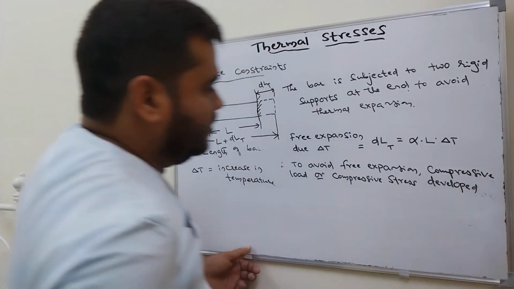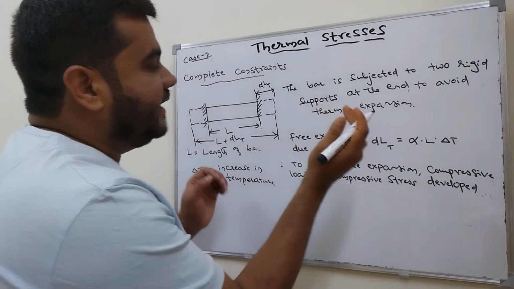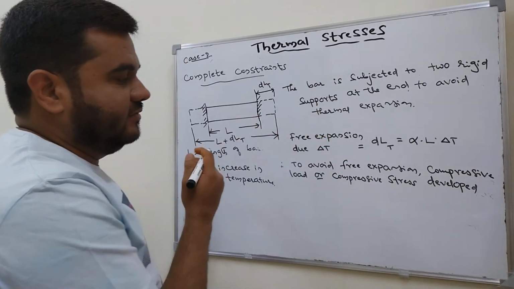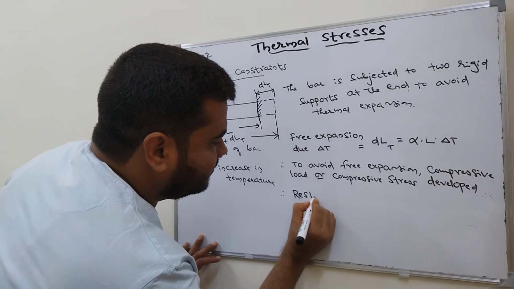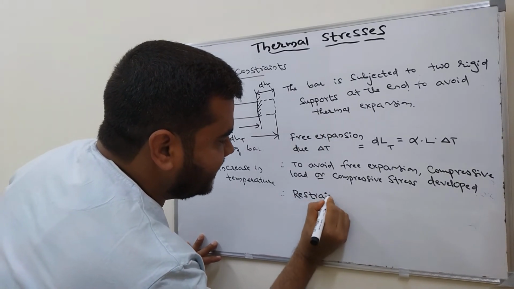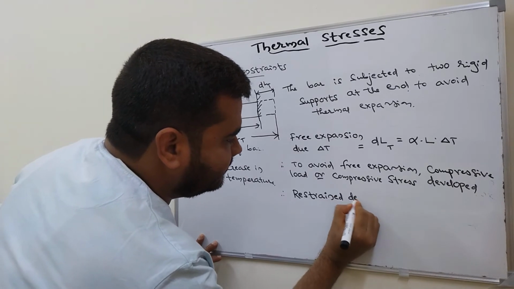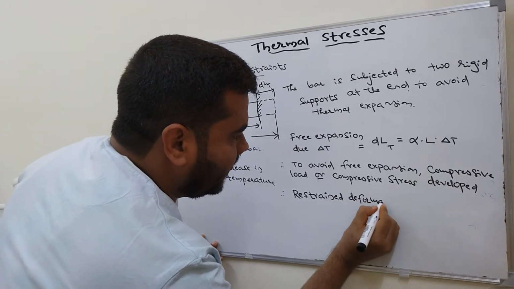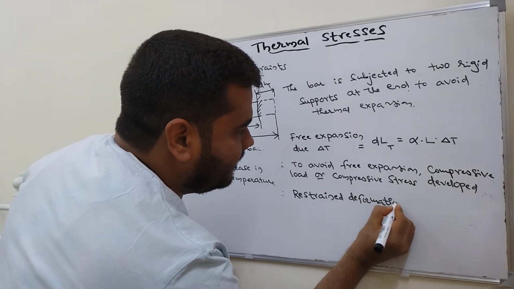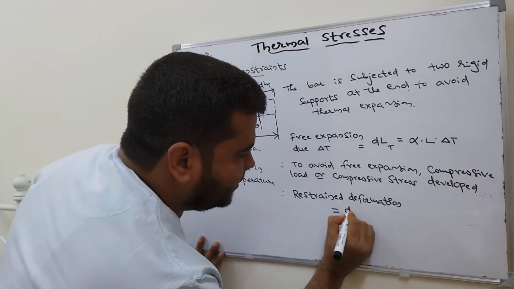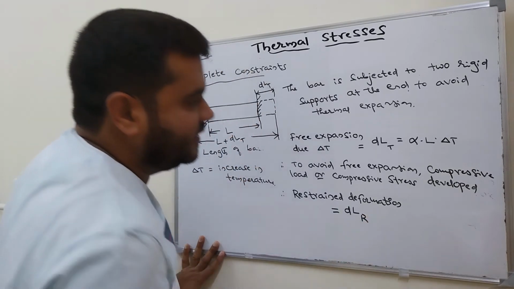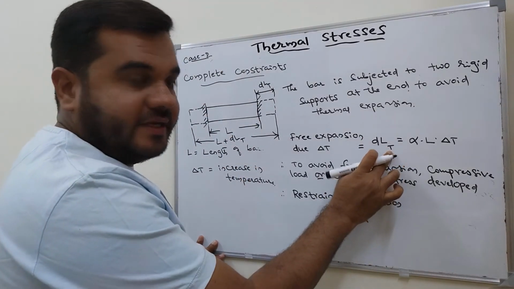Okay, so it is called restrained deformation. Therefore, restrained deformation, that is deformation due to restraint, is the deformation due to increase in temperature.